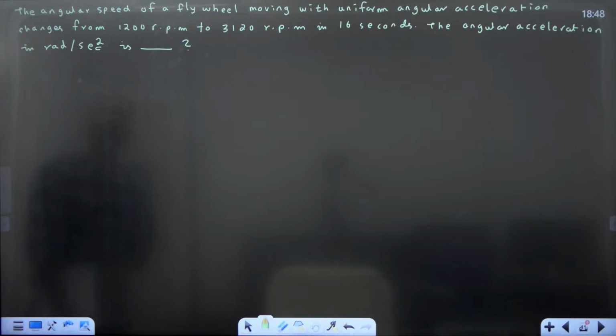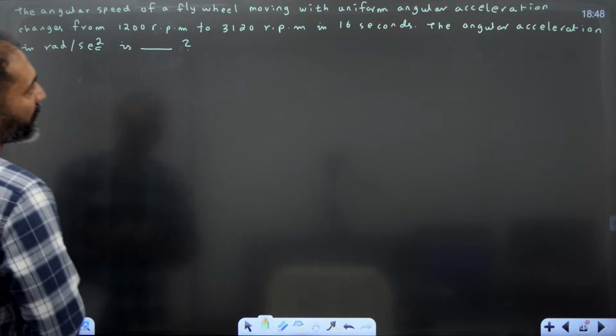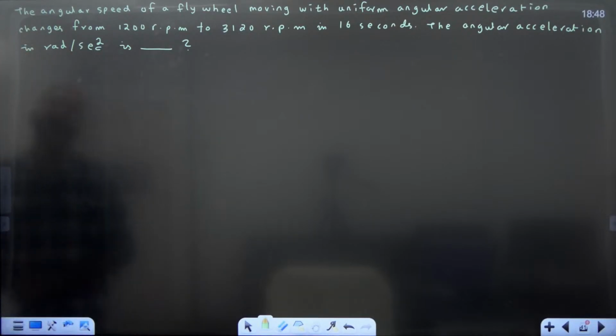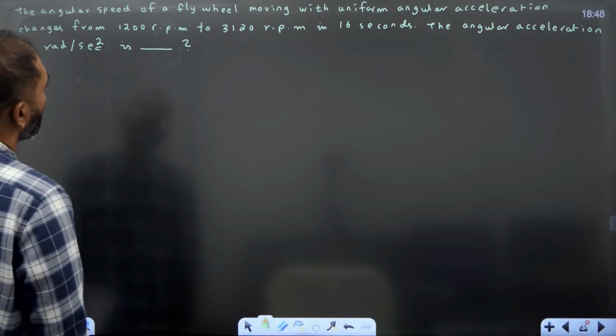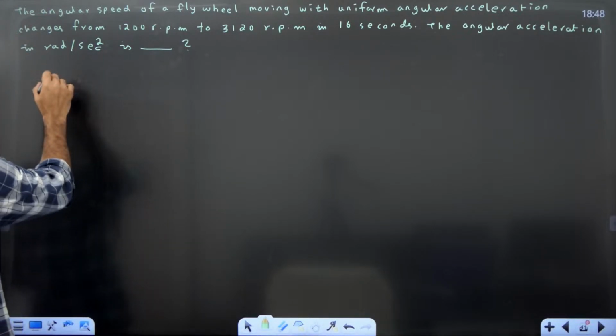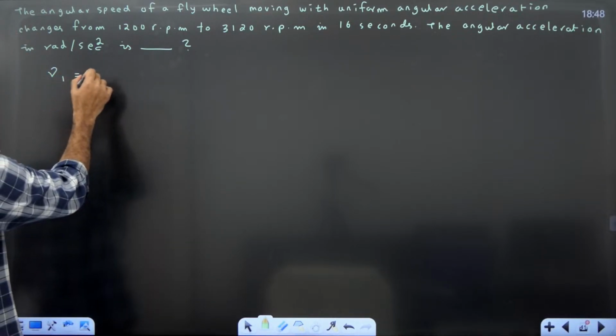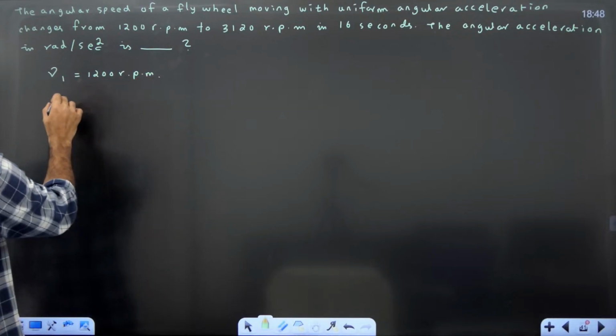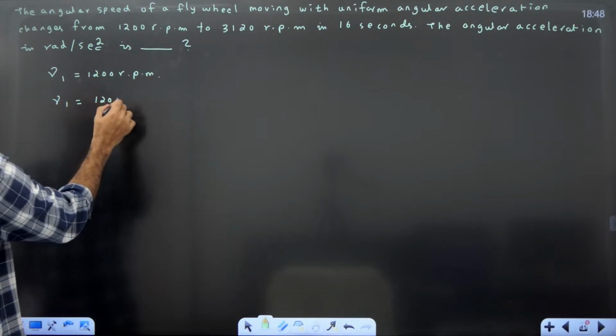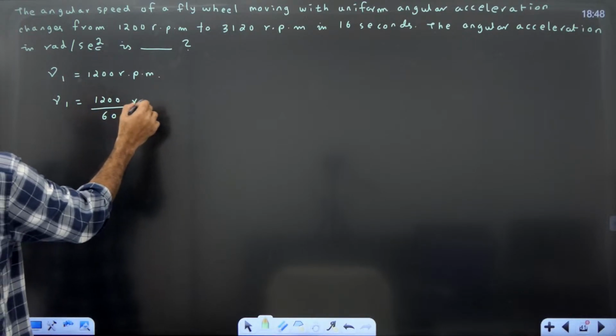2022 question. Flywheel moving with a uniform angular acceleration, alpha uniform, changes from 1200 rpm. What is rpm? Initial frequency nu1 is 1200 rpm. That means nu1 is equal to 1200 by 60 rps.